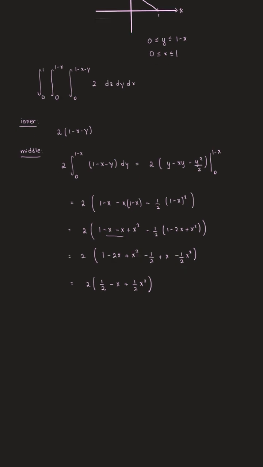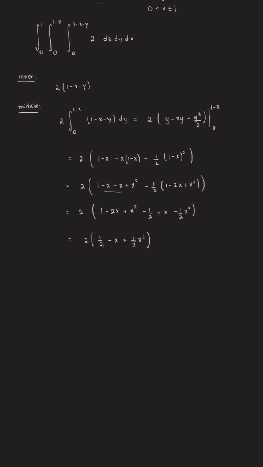Okay, let's do our outer integral with respect to x. I'll leave the 2 on the outside, the integral from 0 to 1 of 1/2 minus x plus 1/2 x squared dx. This gives us 2 times 1/2 x minus x squared over 2 plus x cubed over 6, from 0 to 1.